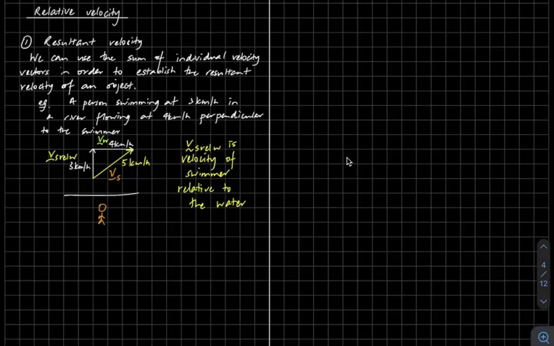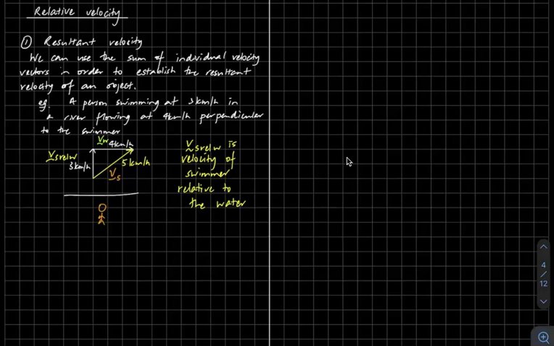And if you don't look up at all, you just go in that direction and you swim at 3 kilometers an hour. Then that's your velocity relative to the water, but it's not the actual velocity that you obtain. The actual velocity you obtain is the 5 kilometers an hour in the direction across and down.